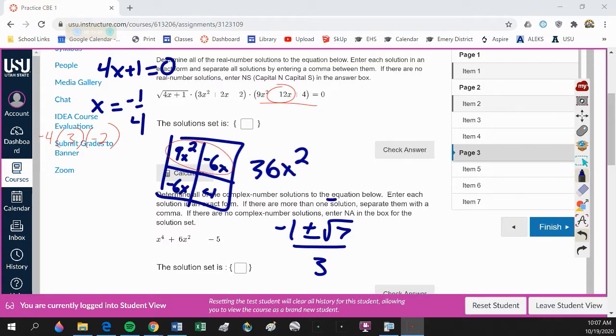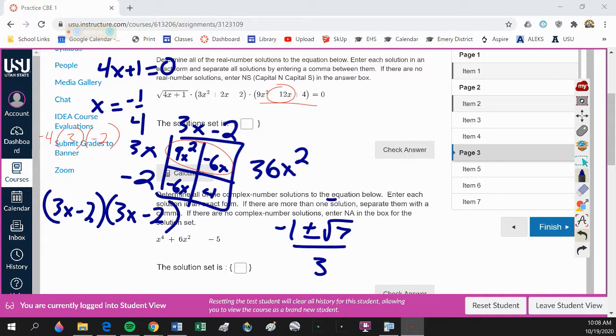What does this share? 3x. Pull out a 3 and an x, and I get 3x minus 2. Pull out a 3 and an x, and I get negative 2. So 3x minus 2 and 3x minus 2. So x is 2/3. Okay. There's one more thing we need to pay attention to. We have 4 answers.